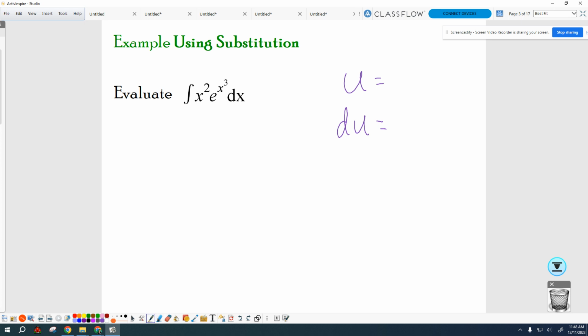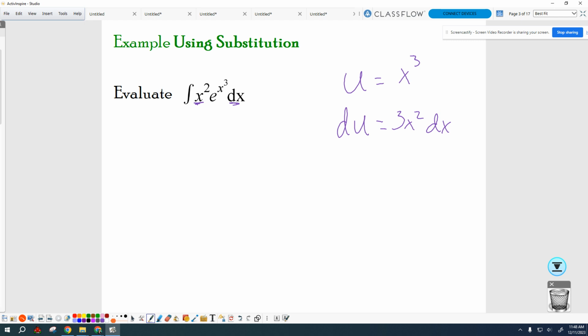X to the third. Okay, if we try that, the derivative of x to the third is 3x squared. So, right now, I see x squared dx here and x squared dx there. That's looking promising. I'm liking this. Okay, so I want to swap things out.